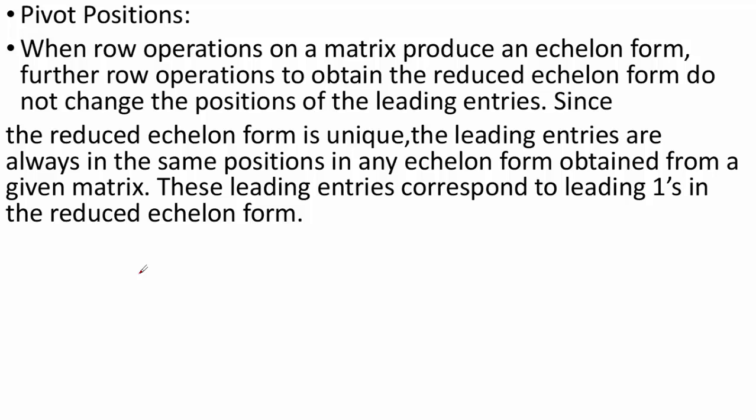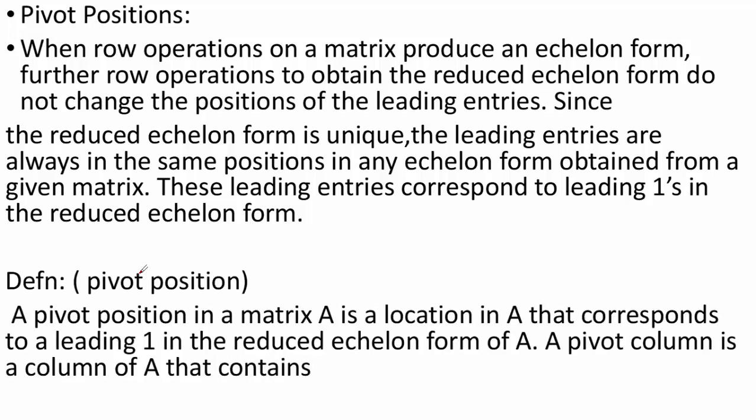These leading entries correspond to the leading ones in the reduced echelon form. Now, the definition of the pivot position: a pivot position in a matrix A is a location in A that corresponds to a leading one in the reduced echelon form of A.